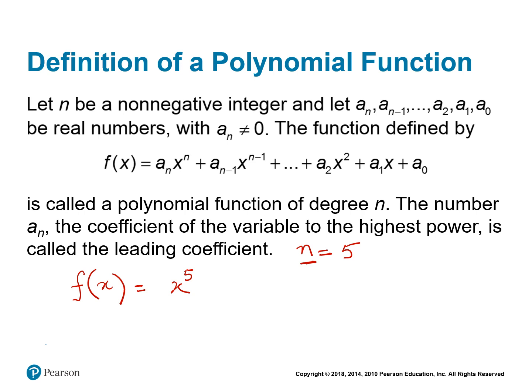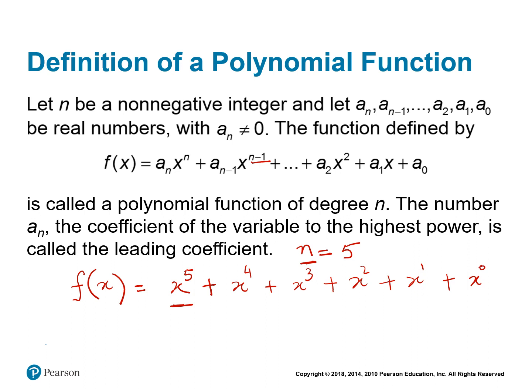If the highest exponent is 5, then that term should appear first, and then the subsequent terms will be arranged in descending order of the exponent. So if the first term is x to the 5th, the next one will be x to the 4th, plus the next will be x cubed plus x squared plus x to the 1 plus the last one x to the 0.